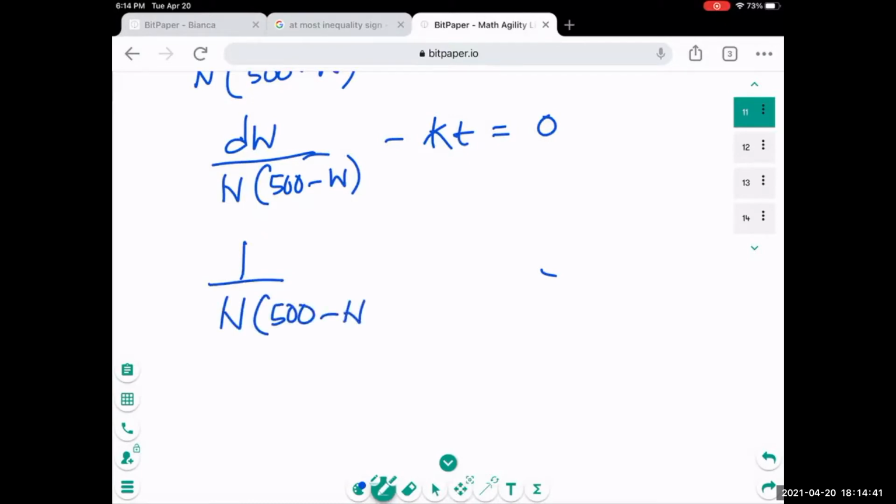Let me write it here. Use partial fraction decomposition.